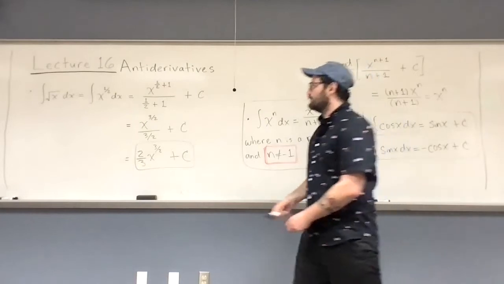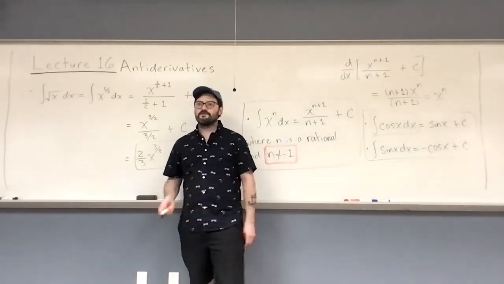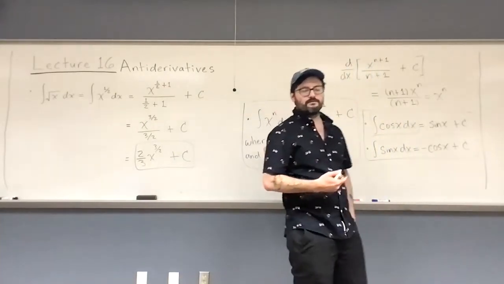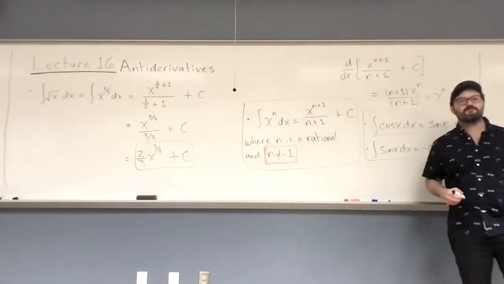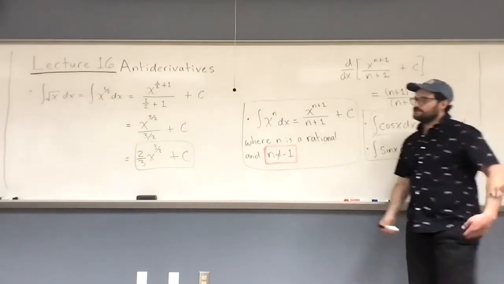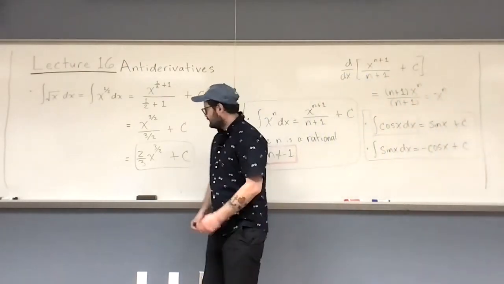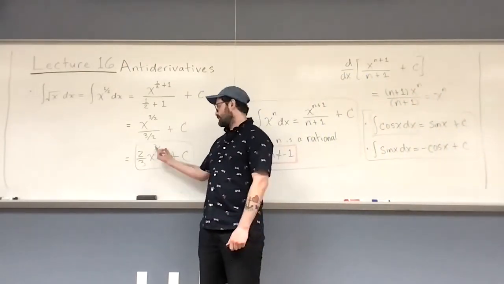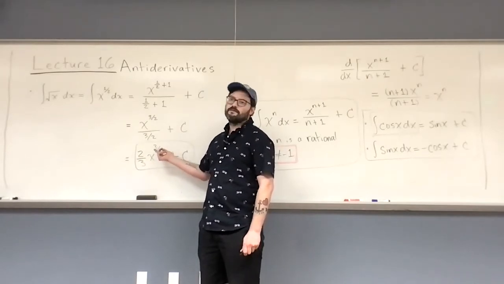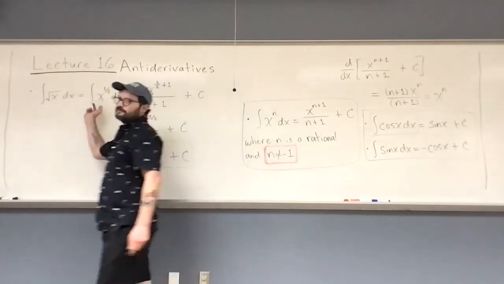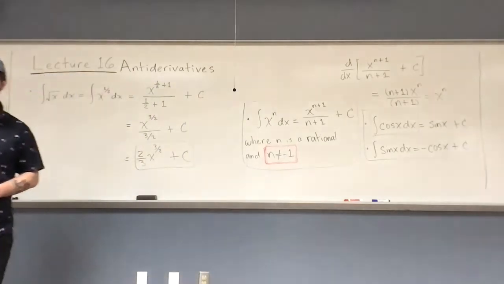You're dividing by the ratio, which is equivalent to multiplying by the reciprocal of that ratio. So dividing by 3/2 is the same thing as multiplying by 2/3. And look, if you take the derivative, 3/2 times a half is just 1, and x to the power 3/2 minus 1 will be that. You can always check it.